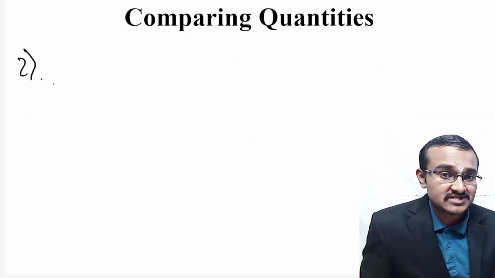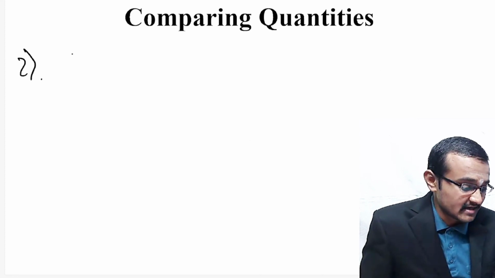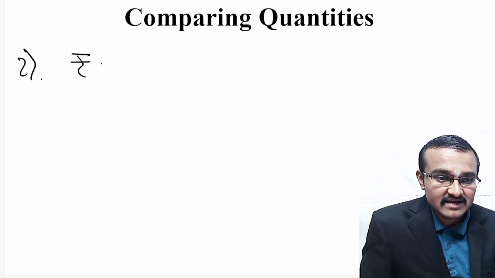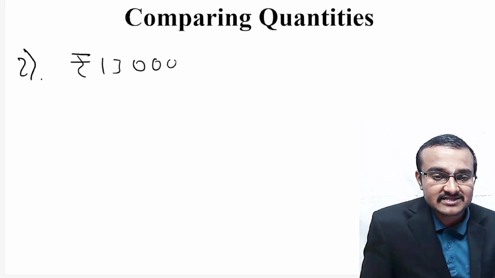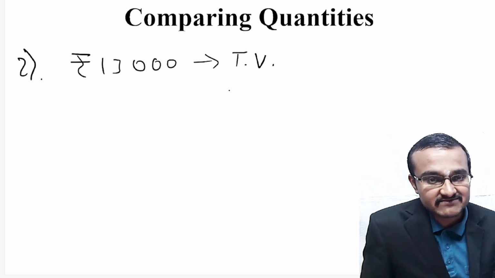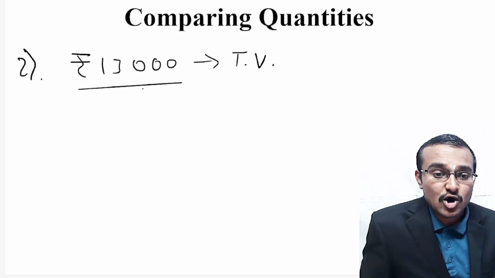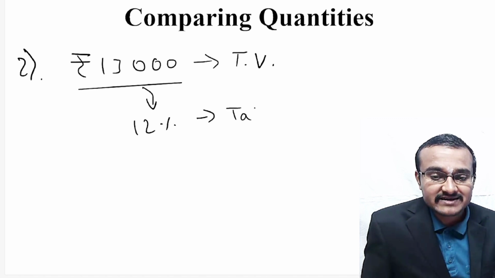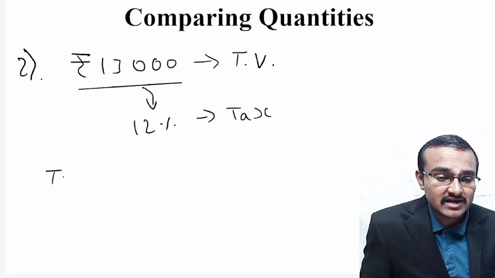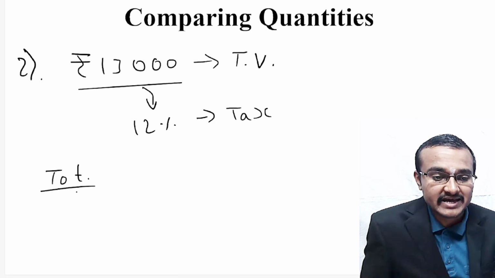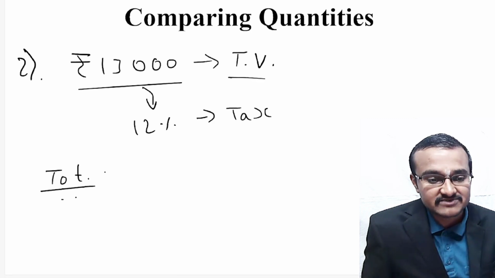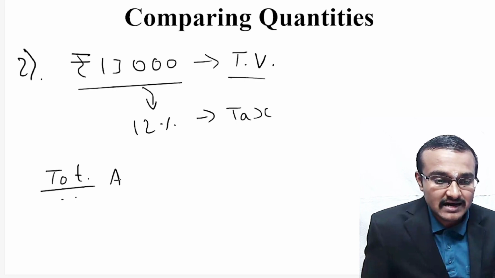Coming to the second question in this exercise, a person is buying a TV which is priced at 13,000. So the market price of this television is 13,000 rupees, on which this person has to pay 12% tax. What is the total amount which he should pay to get this television?